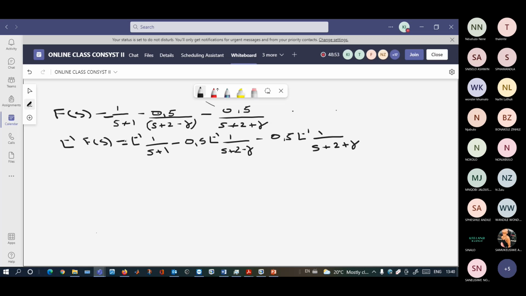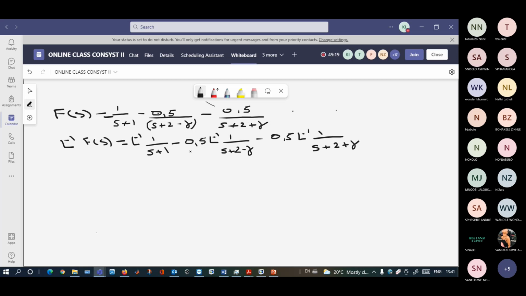So then here, now I apply the inverse Laplace transform. We know that the inverse Laplace transform, according to the linearity, is going to be the inverse of every single term in this equation, right?